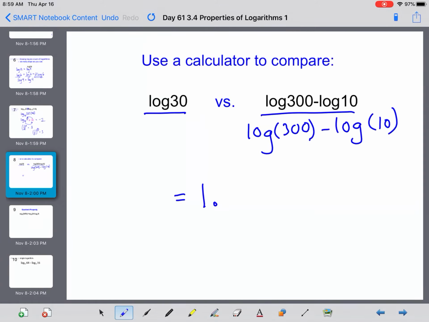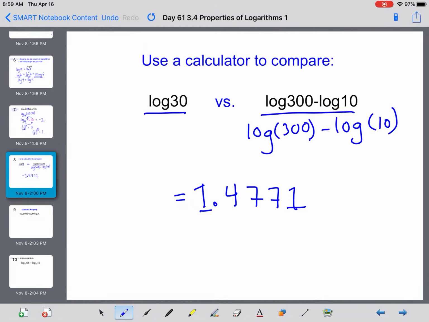You should have gotten the exact same answer for both. I got something like 1.4771. That's saying 10 raised to the 1.4771 power is about 30. Hopefully that makes sense, because 10 to the first power is 10 and 10 squared is 100, so it's going to be a little bit bigger than 1.